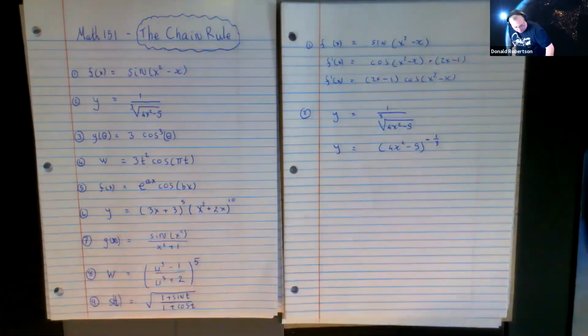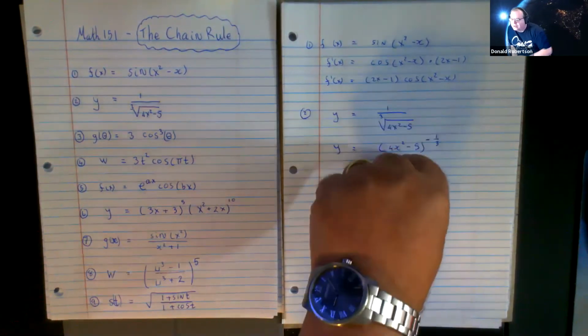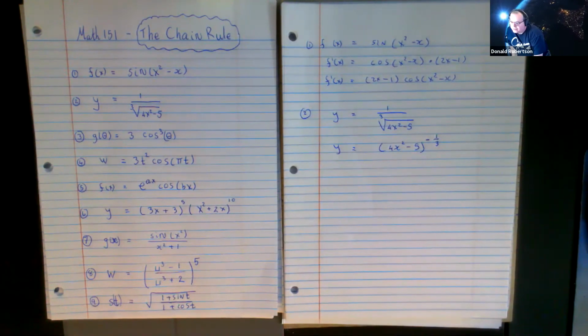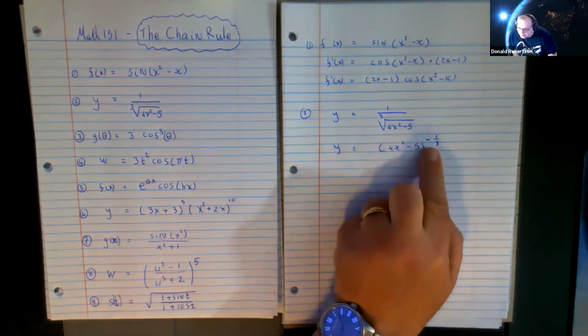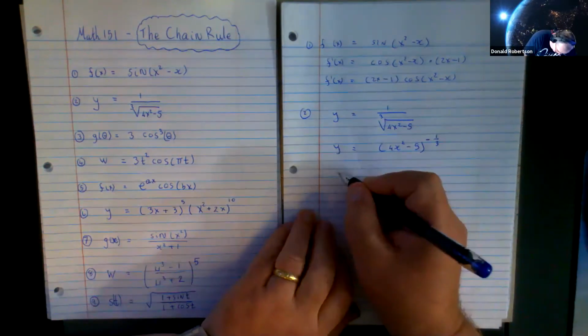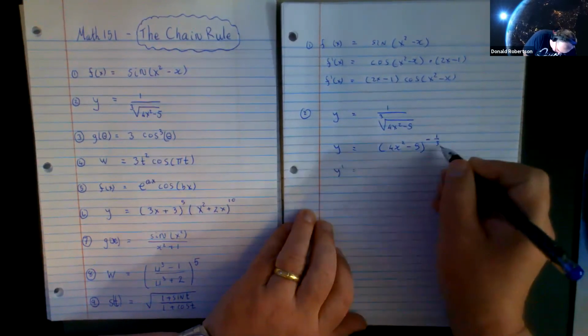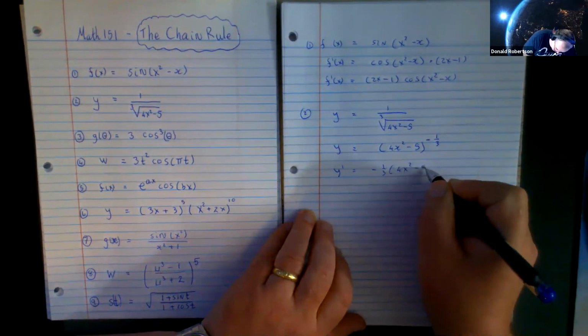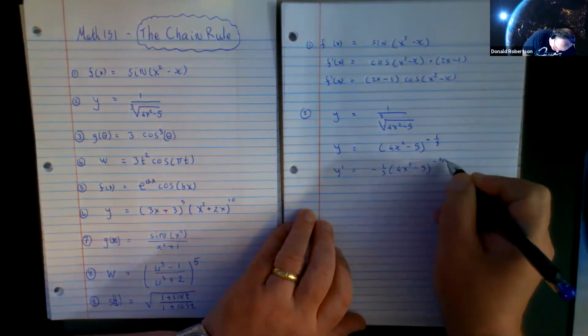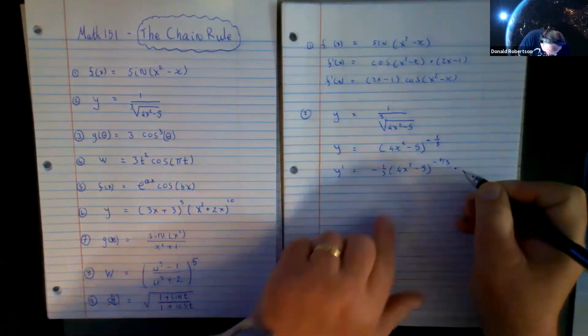Are you happy about why that is the same thing as that? You cool about what I just did there algebraically? Right. So this is something to the power of negative a third. So you want its derivative multiplied by the power and reduce the power by 1. Finishing with the derivative of the something.